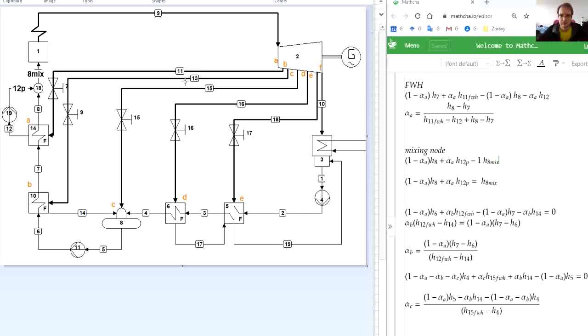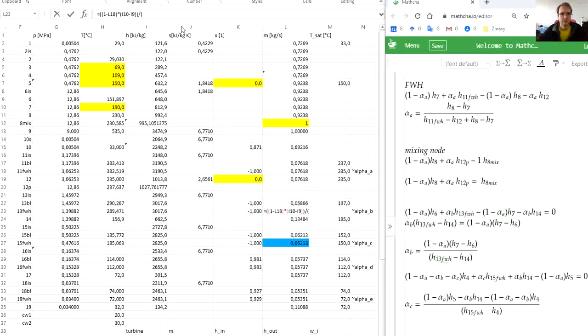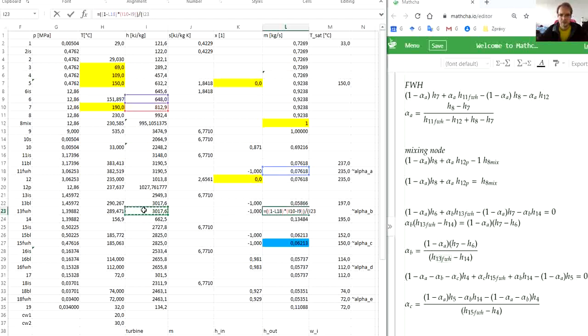Yeah, this 12 should have been 13, so H13 feedwater heater minus H14.